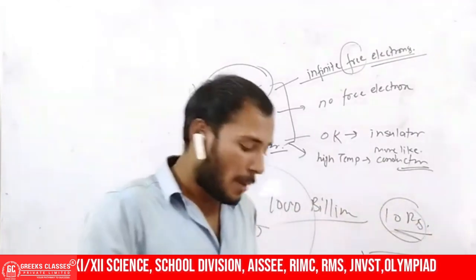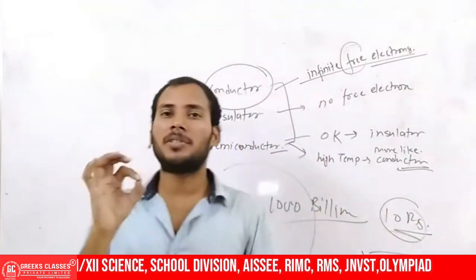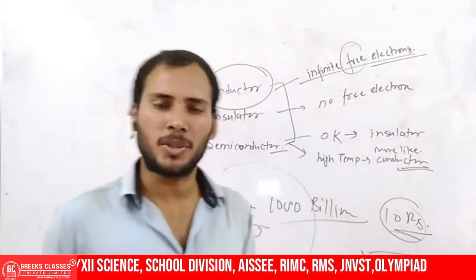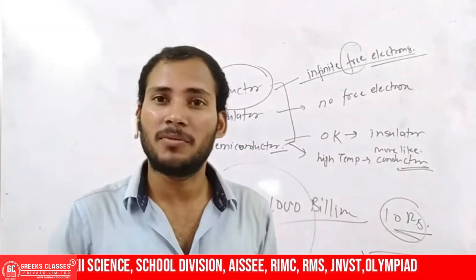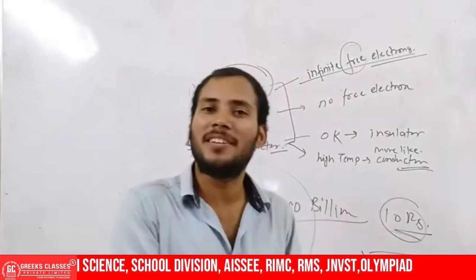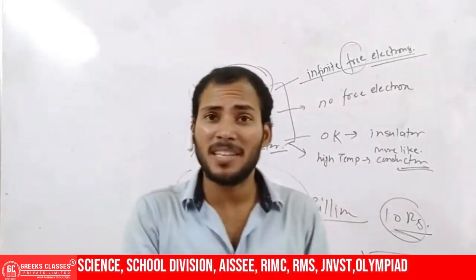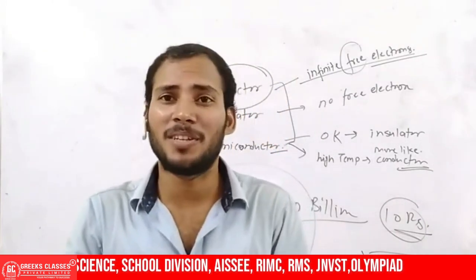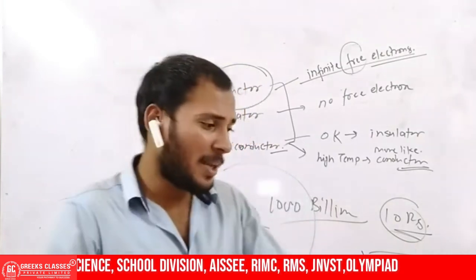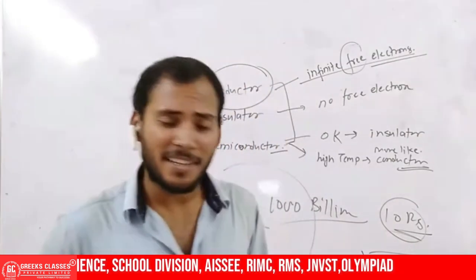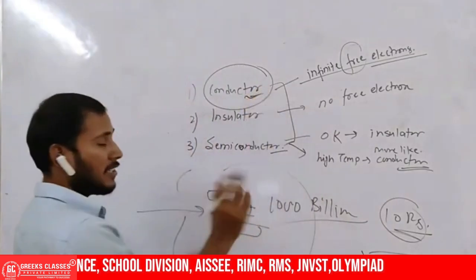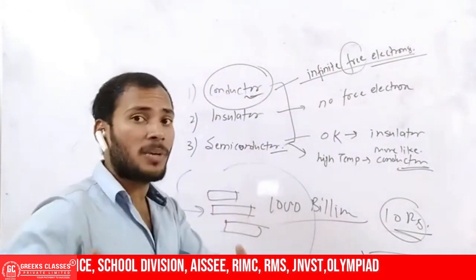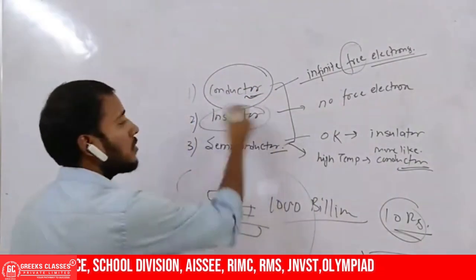Free, everything is free. But assume a situation where you have just 100 rupees. Someone comes and asks you, please give me 50 rupees. Will you give? No, you can't, because you have only 100 rupees. Or if you have 10 rupees and someone asks, please give me 10 rupees, you can't. That is the situation of insulator.